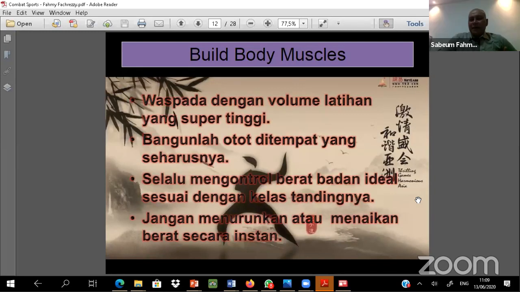The next, always control the ideal body weight in your class. If you are in the bantam weight class, you know the weight. If you don't control it, your weight is sometimes over or under. This is a problem because if you train extra for your body weight, your energy must be joined with the program that needs time.